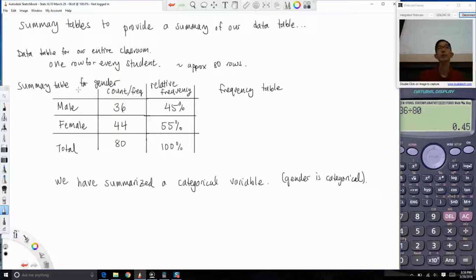Yeah. Question? Yes. If we substituted the gender with male, female into a numeric analog, like category 1, category 2, okay, would it still be a categorical? Okay, so this is a tricky thing. So this often happens in computers.